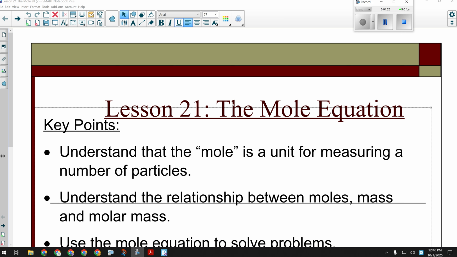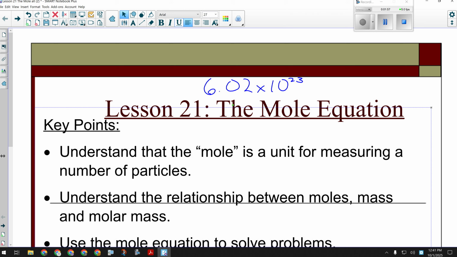For example, enough water to fill the cap of a water bottle, around 20 milliliters, would have close to this many molecules of water: 6.02 times 10 to the 23.